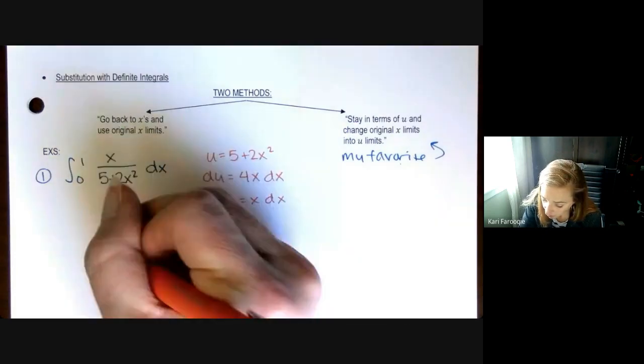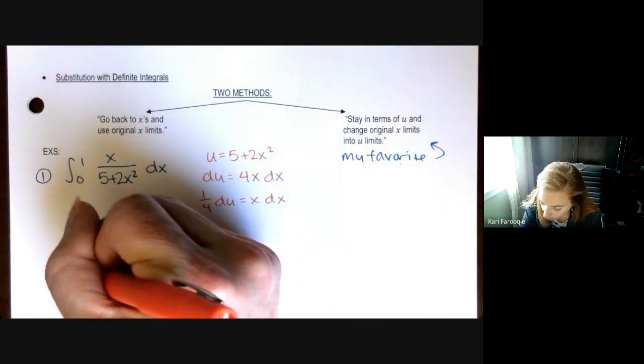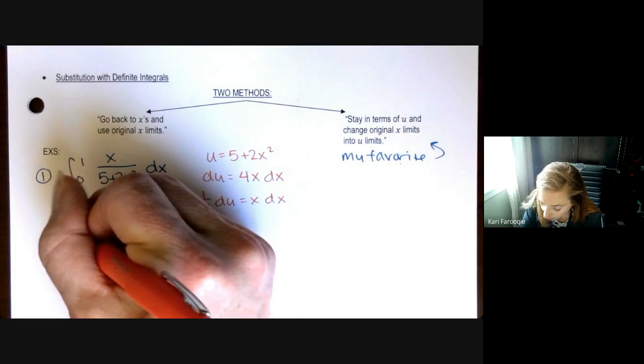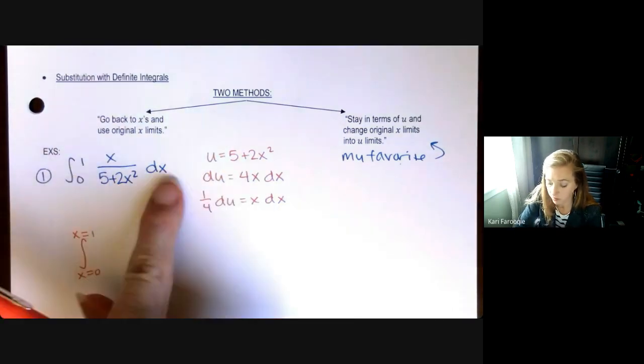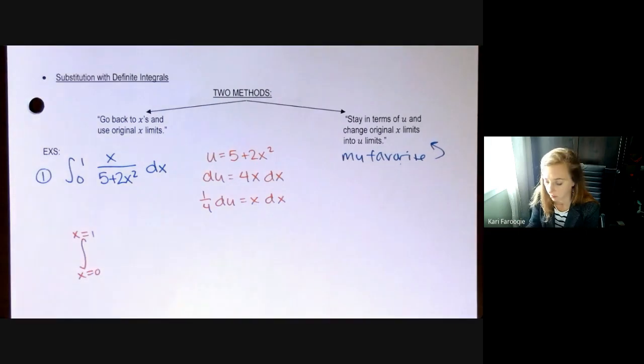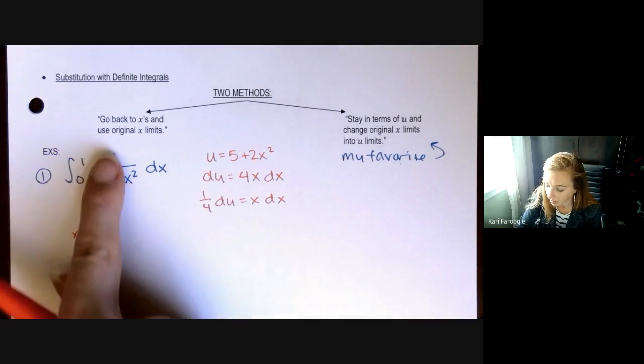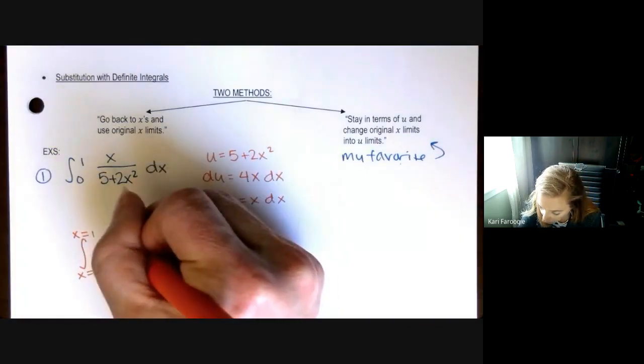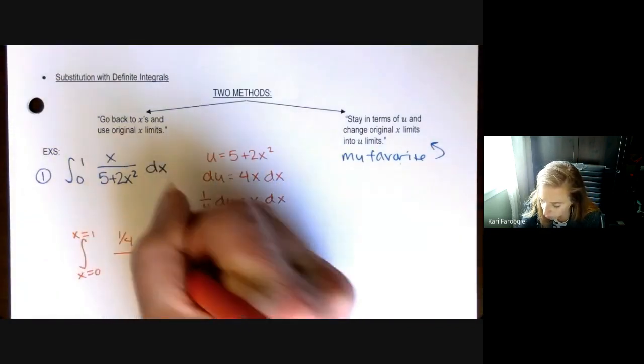Okay, so I'm going to rewrite my function. I'm going from x equals 0 to x equals 1. That's what this means because I'm integrating with respect to x. My limits are given to me with respect to the variable x. So I'm going to leave the original x limits on here. But x dx is getting replaced with 1/4 du.